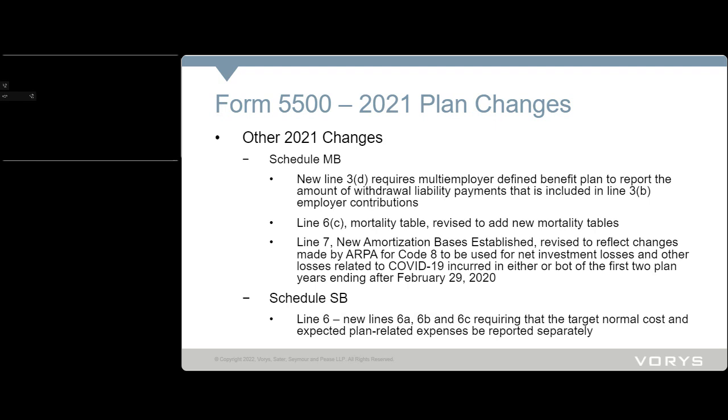There are also changes required to the Schedule SB that applies to single employer defined benefit plan actuarial information. These new lines require plans to report present value of the current plan year accruals that are decreased by any mandatory employee contributions, require plans to report plan-related expenses, and there were some other conforming changes.